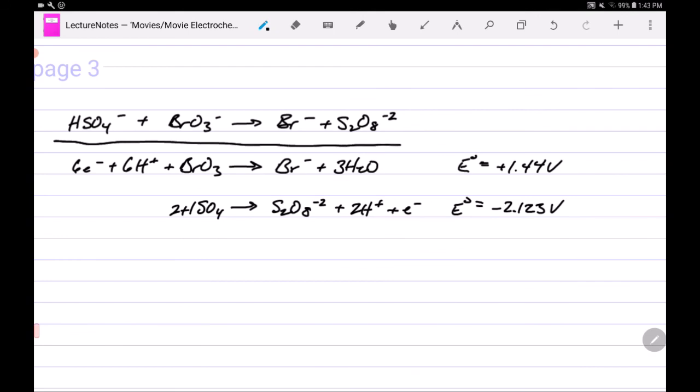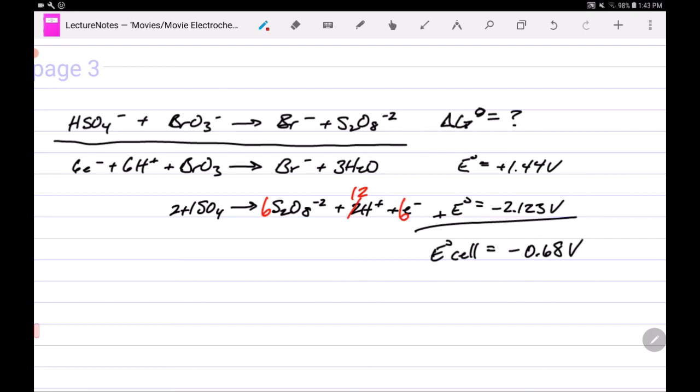Let's see, I want to find the delta G naught for this reaction here. I have a couple of cell potentials. If I add them together, that'll give me the E naught of the cell. But it doesn't tell me the number of electrons being transferred. That's given by this right here.